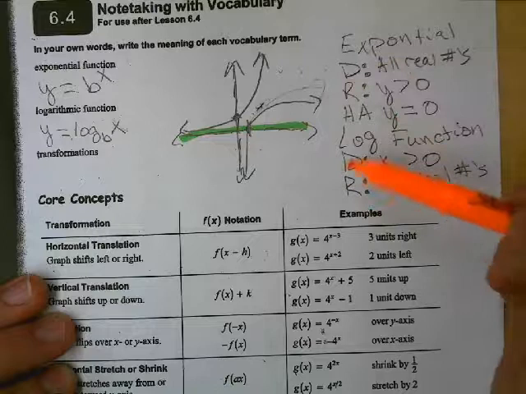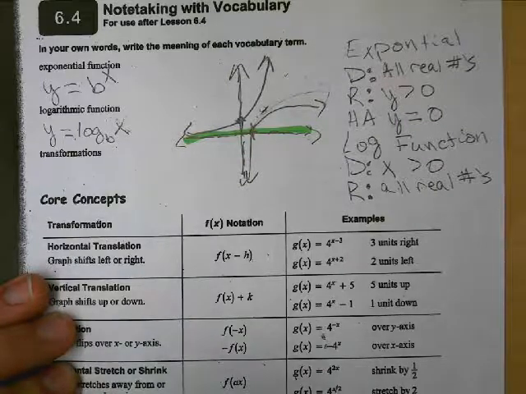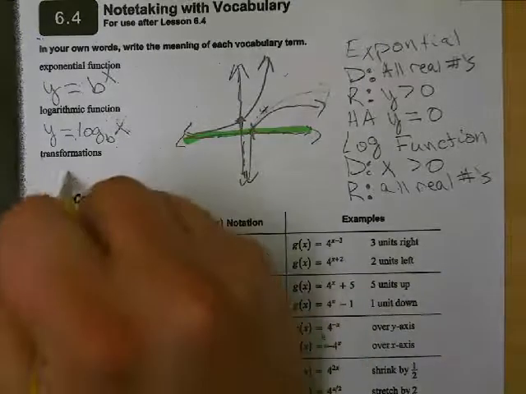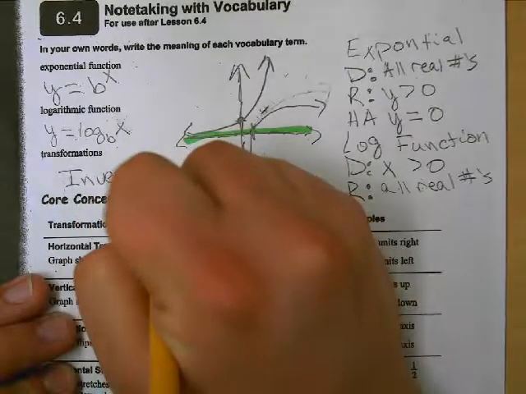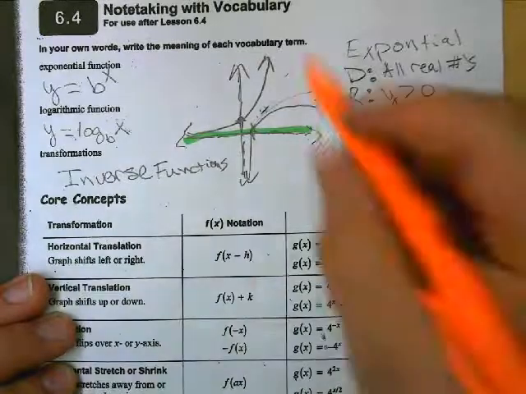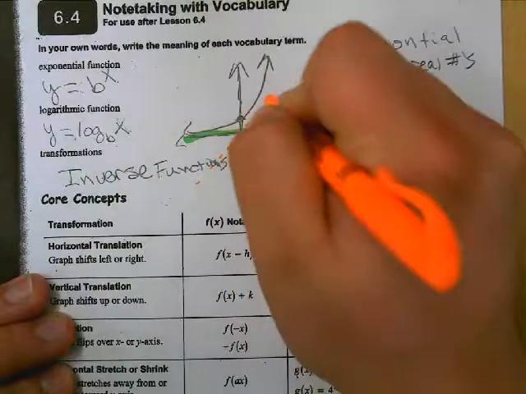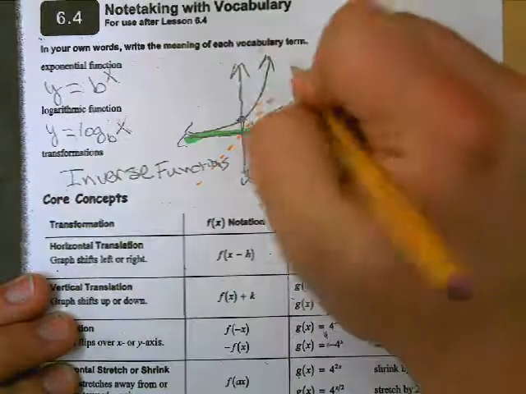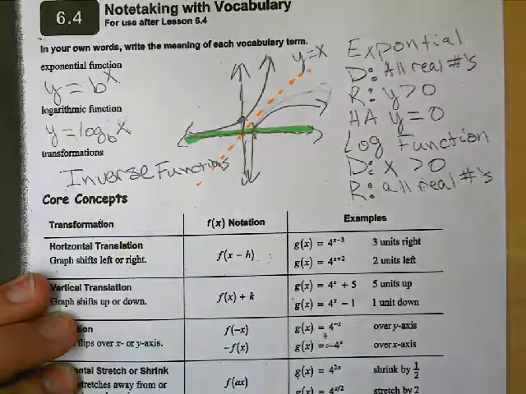My domain and range trade places, essentially, between logarithmic and exponential functions. So because of that, these are going to be inverse functions. Another way you can visualize that is that there's going to be a mirror image across this line, y equals x. It's going to reflect across that line.